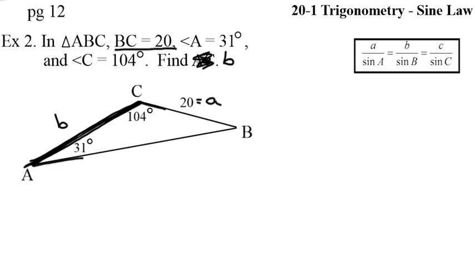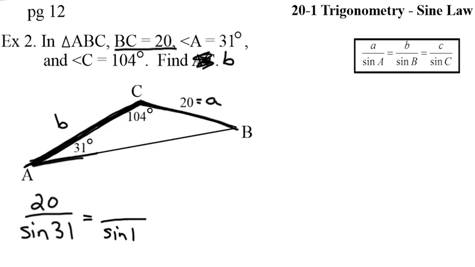The problem here is that if I set up what I know, 20 side A over sine of A, which is 31. 20 over sine 31 will equal angle C, so sine 104, over side C, which we don't know, which also could equal sine of B over side B, neither of which we want.